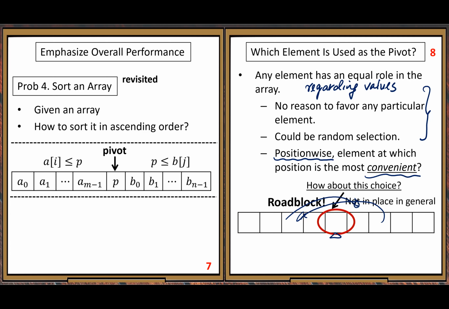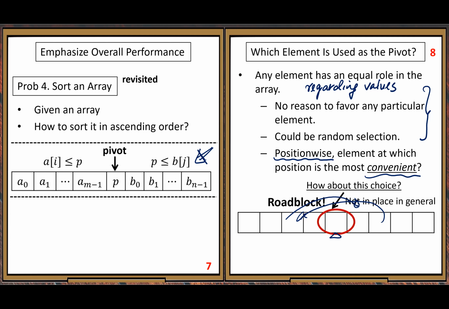So that's not convenient, because you have to move elements around, left to right, right to left, in order to get this destination state. That roadblock means that position is not convenient, not friendly for our operation.